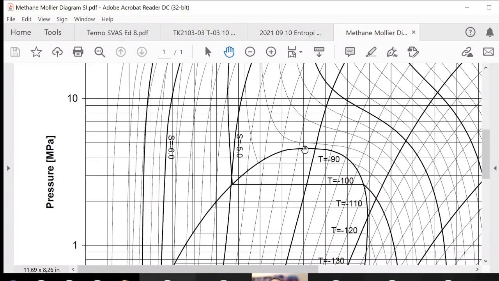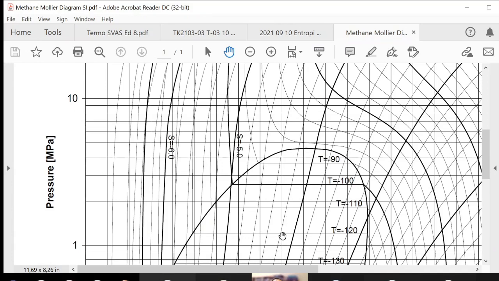We have dome, remember the dome. In the left hand side of the dome, we have subcooled liquid. On the right hand side of the dome, we have superheated vapor of methane. Inside the dome, we have saturated liquid and saturated vapor of methane. How about exactly at the middle?